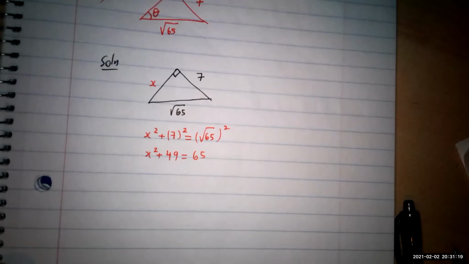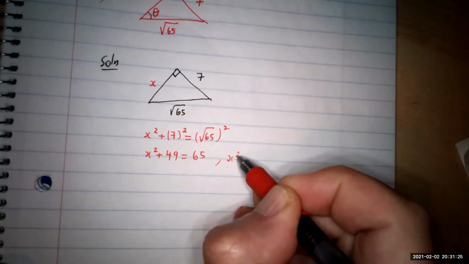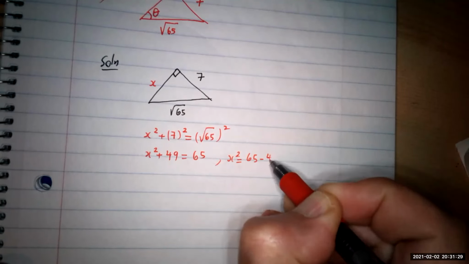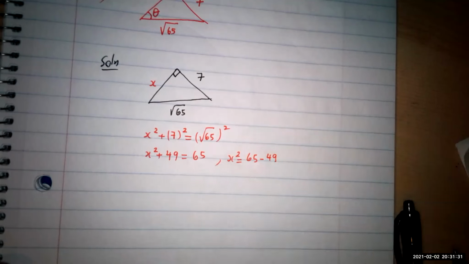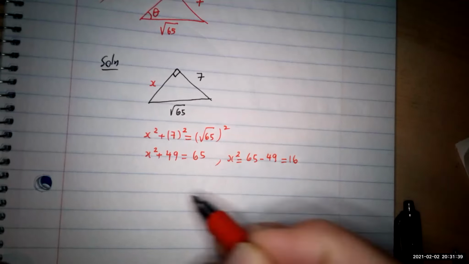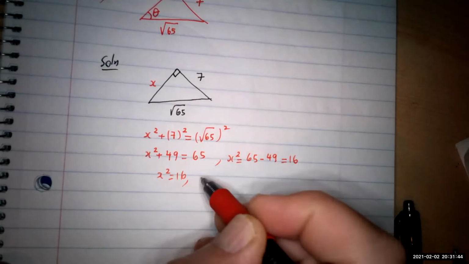So for x, your x squared is going to be 65 minus 49, which is going to be equal to 16. So x squared is equal to 16. So your x is equal to 4.